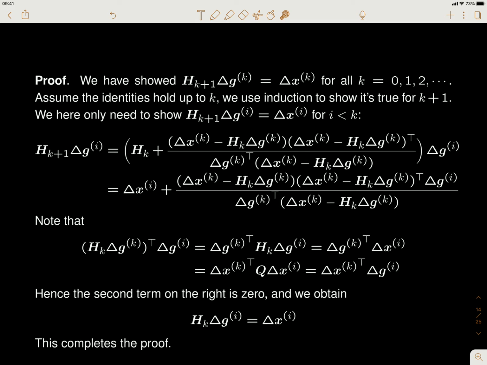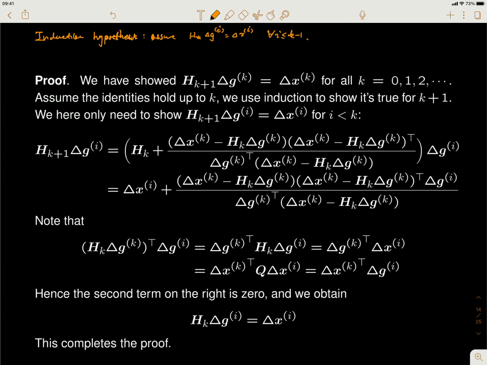Here we're going to do the induction as well. So suppose, by using the rank 1, the induction hypothesis: assume that hk delta gi is equal to delta xi for all the i less than or equal to k minus 1.